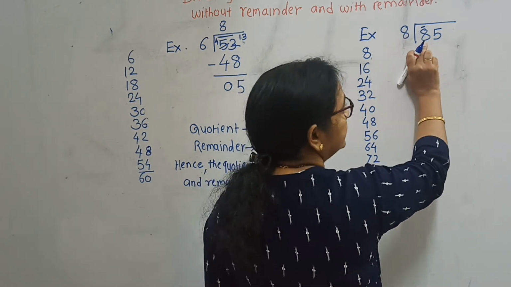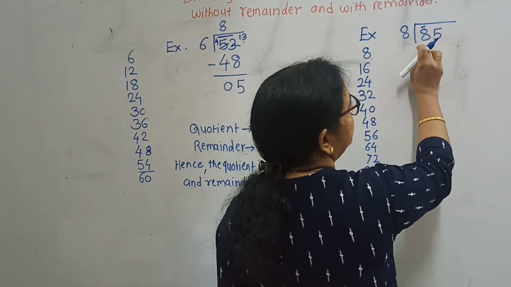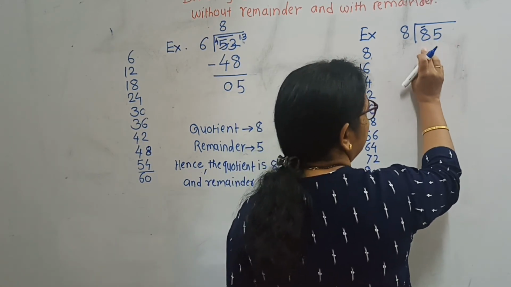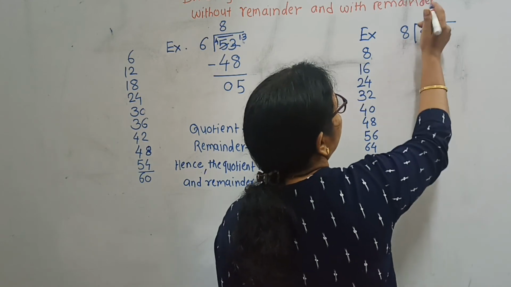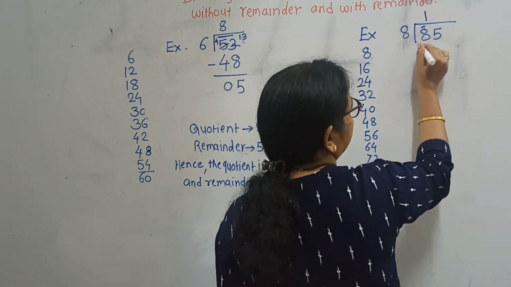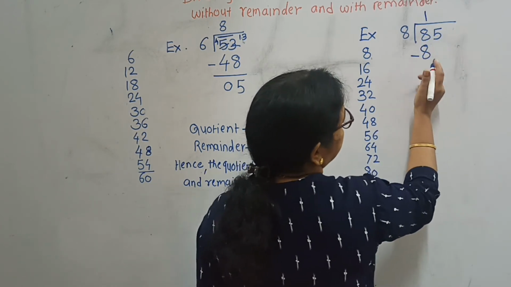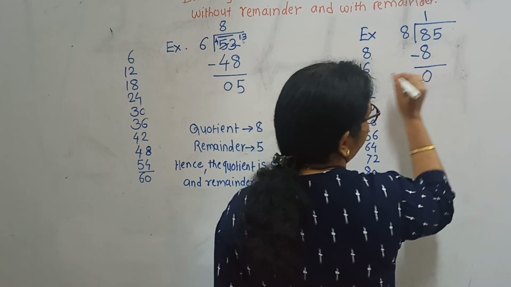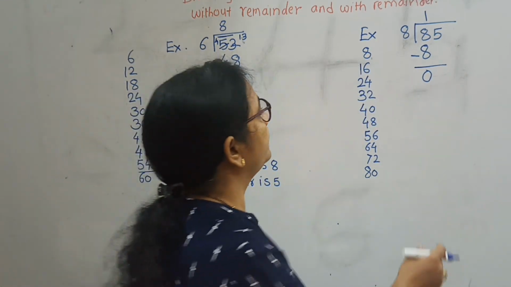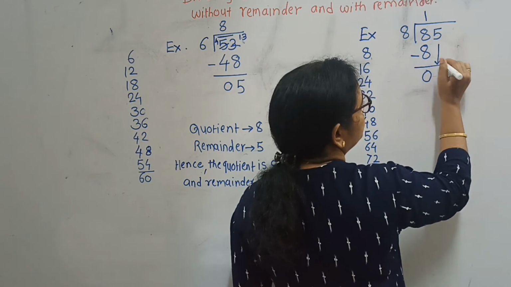So we can take the tens place number, only one digit, here. So say 8 ones are 8. Yes. Now 8 minus 8 is equal to 0. Yes. Then we have to take down this 5.